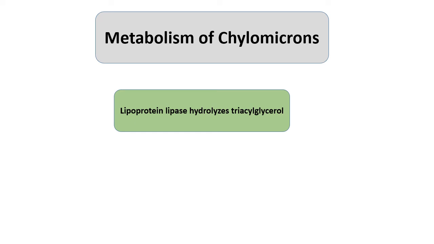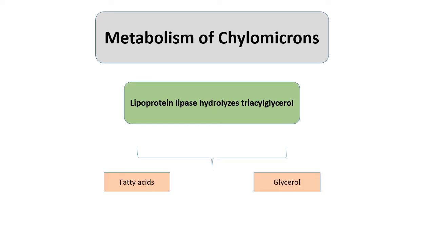Chylomicron remnants are taken up by the liver by receptor-mediated endocytosis, and the cholesterol esters and the triacylglycerols are hydrolyzed and metabolized. Uptake is mediated by ApoE.